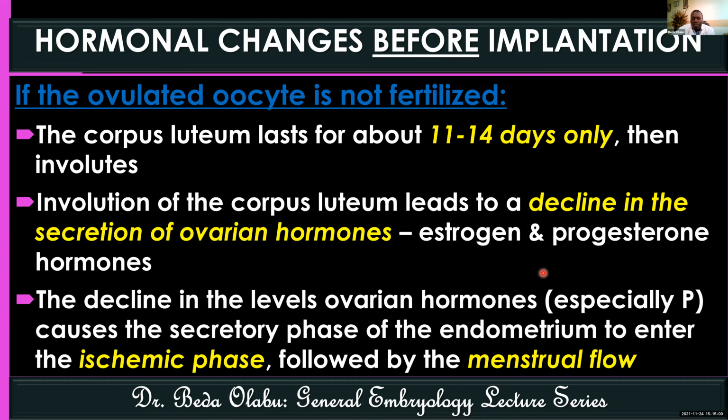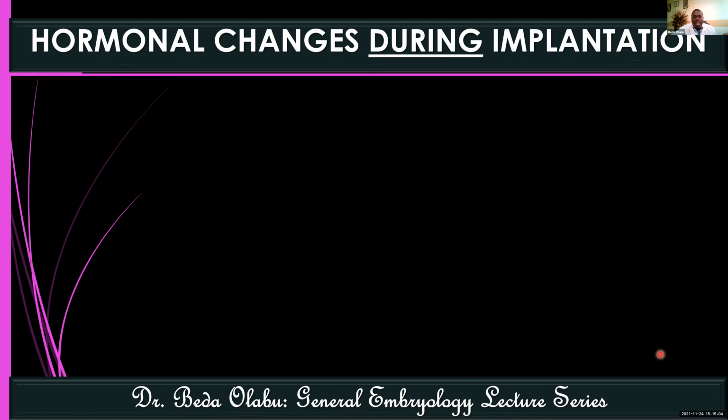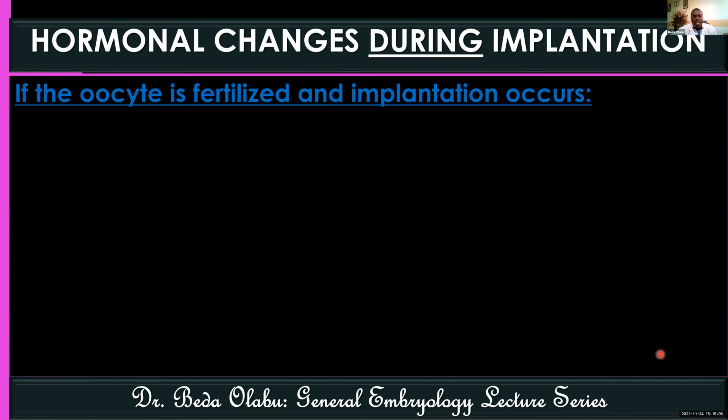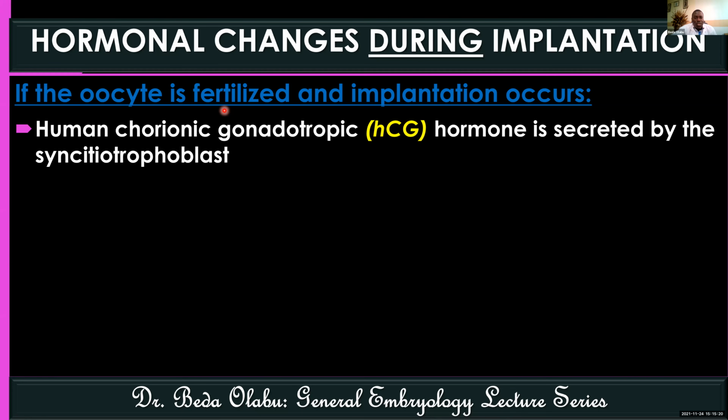It's a repeated thing. How about when the oocyte that was released was fertilized and implantation has taken place or is taking place? What are the hormonal changes? I told you that the syncytial trophoblast will produce HCG.